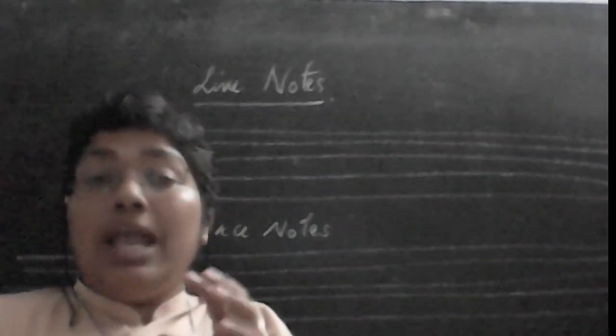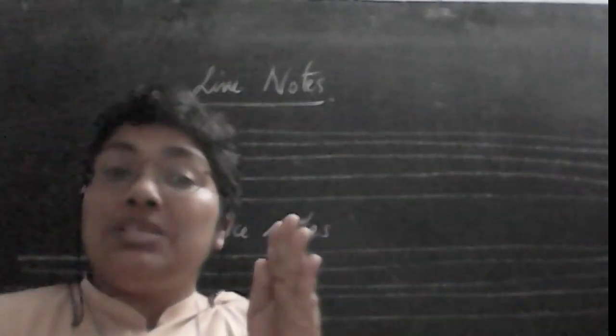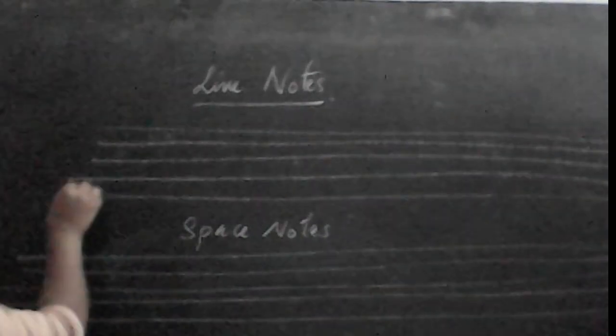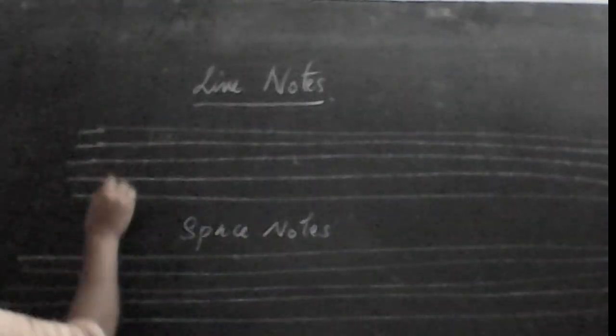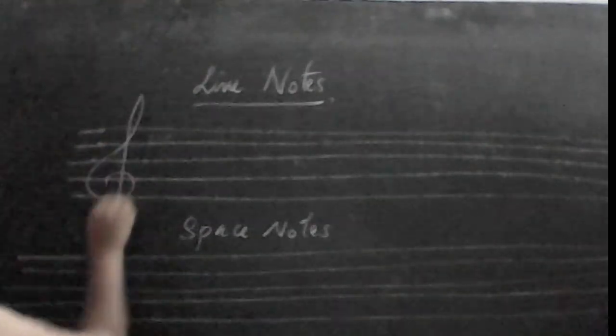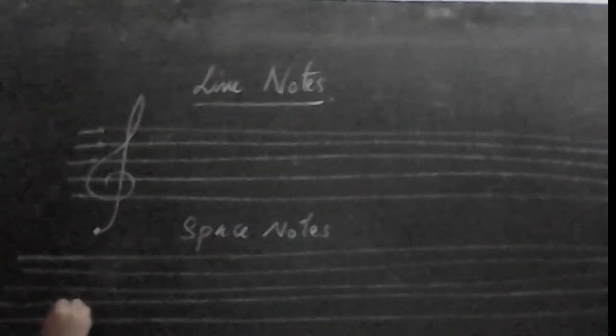You might have seen the music symbol when you write music notes. I'm going to draw the symbol. You might have seen a symbol like this. Here also we have a symbol.